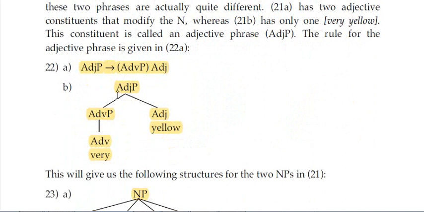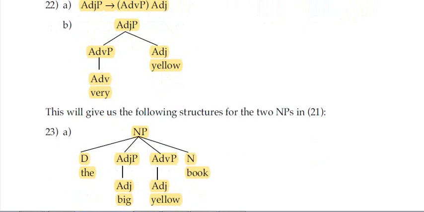So like this one, adjective phrase with adverbial phrase and then adjective. And the adverb is very, and the adjective is yellow. So this tree is from this rule. And adverb phrase is optional. That's why it is in bracket.